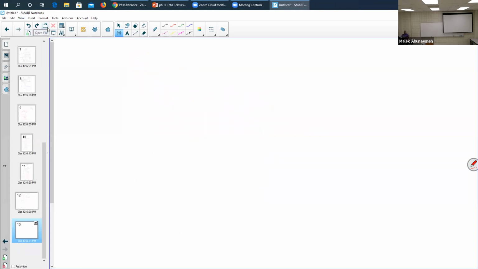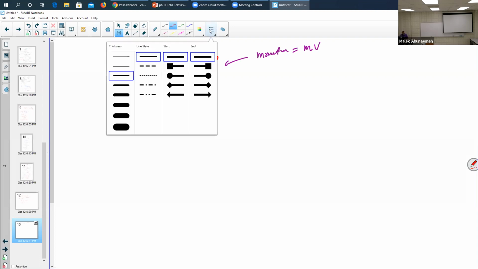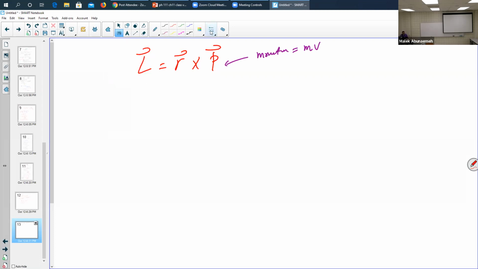Now your angular momentum, L, is going to be your r cross your momentum. Your momentum is m multiplied by v. So your L equals r cross mv. Your mass is the same everywhere, so it comes out, so it'll be m r cross v.